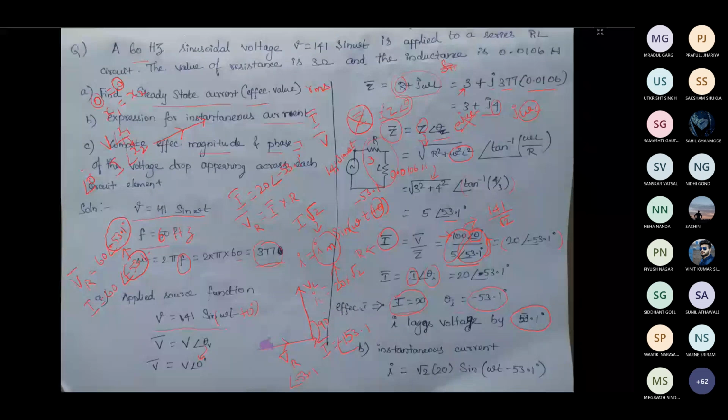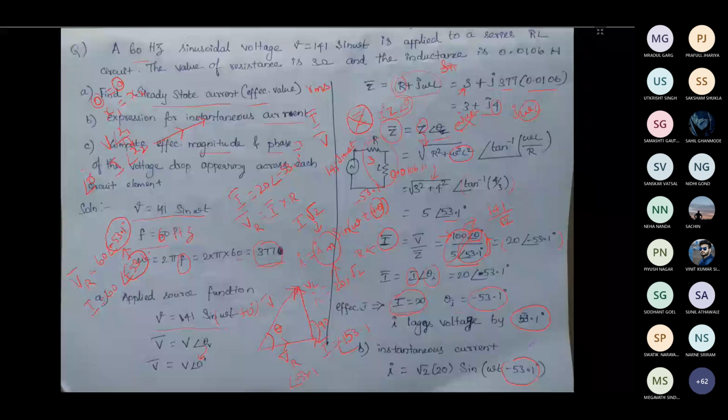So the source voltage will be somewhere here, and this is the I phasor. This is a vector addition, so VR plus VL is equal to V. Again, you can see that the overall voltage will be leading the current by a certain angle theta. Here that angle is minus 53.1 degree. So that is the thing.